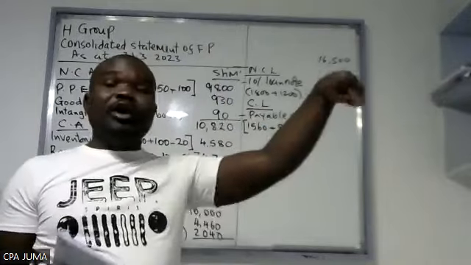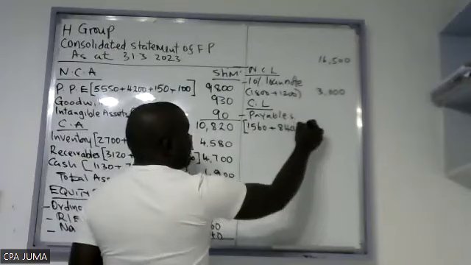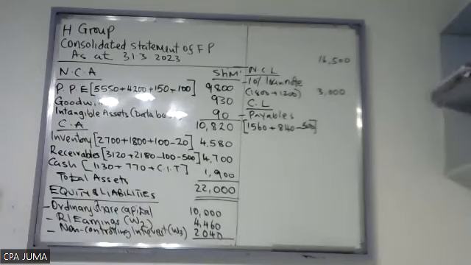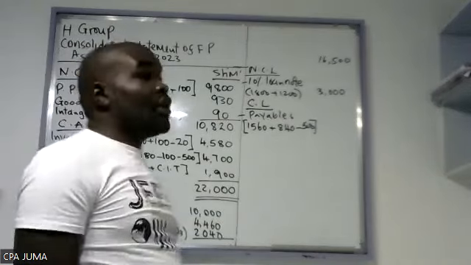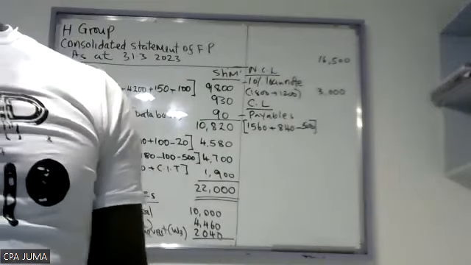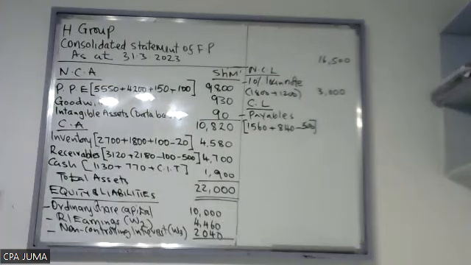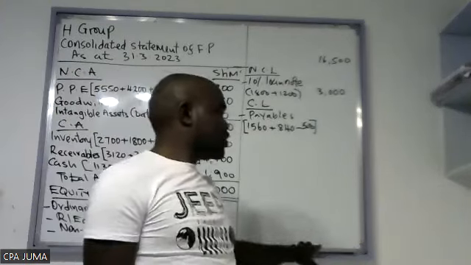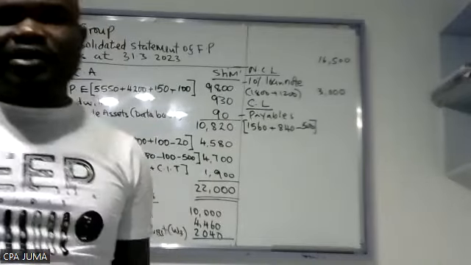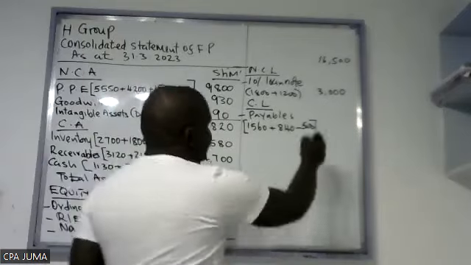The goods in transit did not reach payables, so for payables I only subtract 500. How much? Mercy? 1,900. So 1,900.